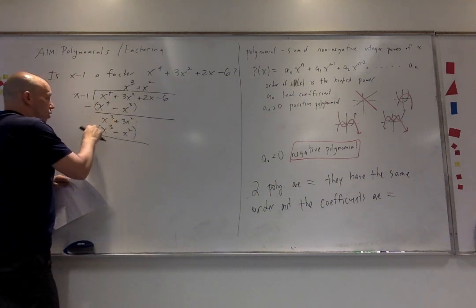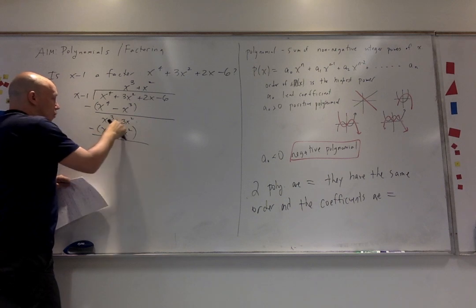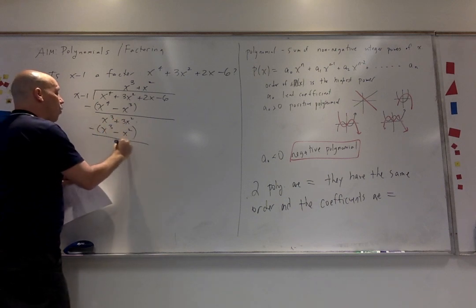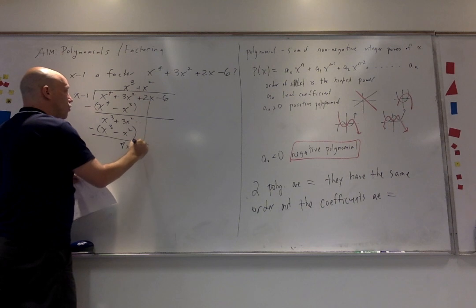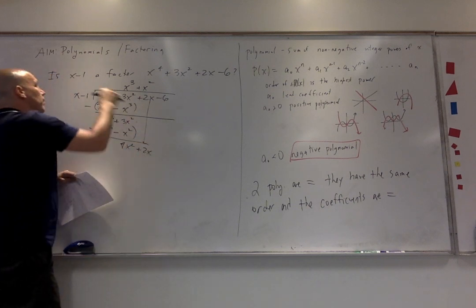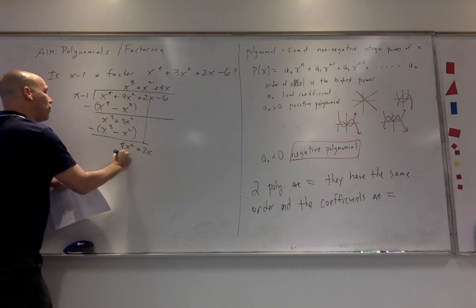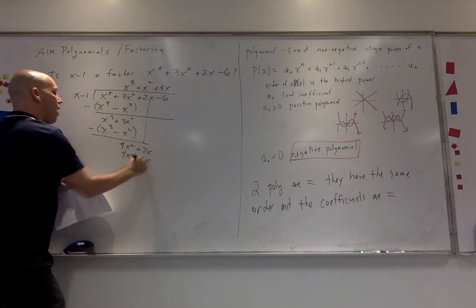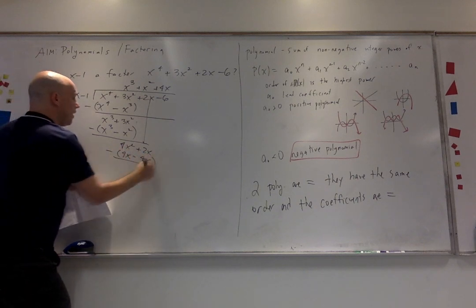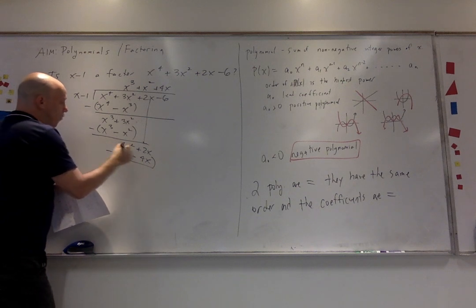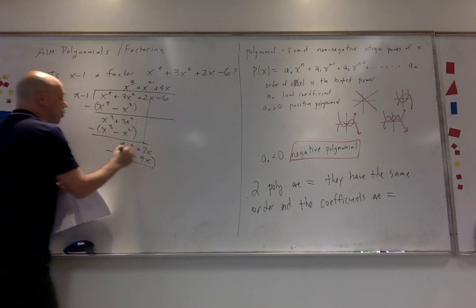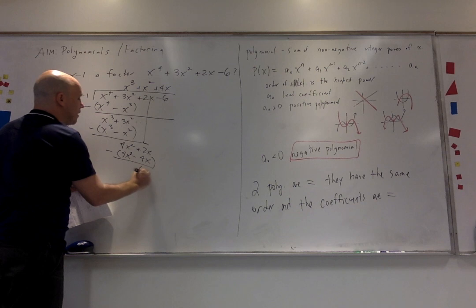So x to the third minus x to the third is 0. 3x squared minus x squared is 4x squared. Bring down the 2x. Multiply, plus 4x. We have 4x squared minus 4x. Subtract these. 4x squared minus 4x squared equals 0. 2x minus negative 4x is 6x.